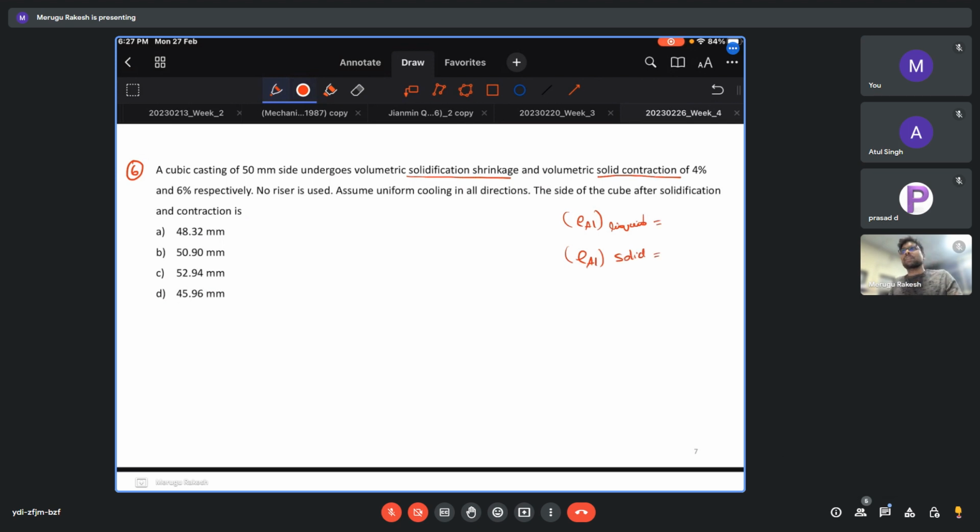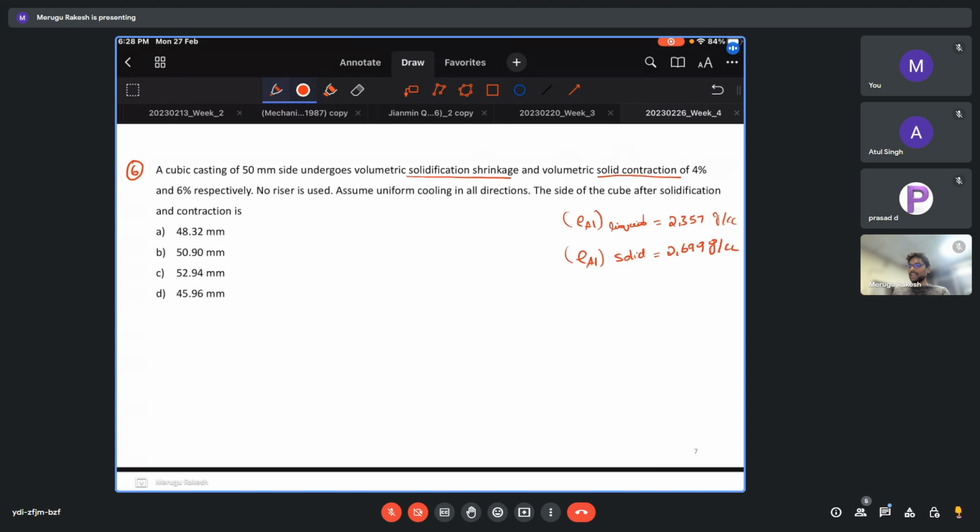Let me quickly see the density values. It is like 2357 gram per cc. The other is 2699 gram per cc.